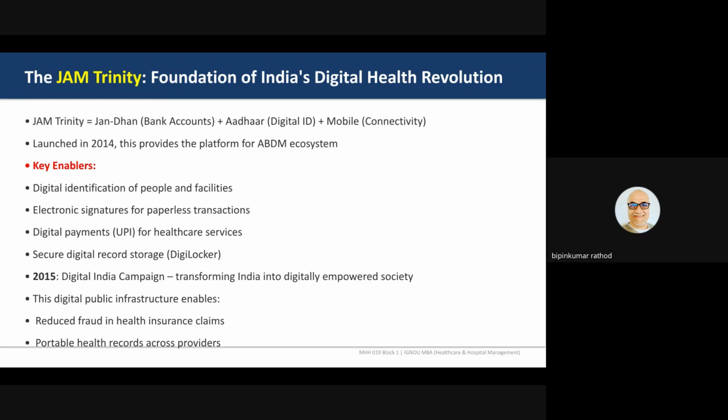First of all, what we needed, we achieved in 2015: digital public infrastructure, which is of utmost importance for any digital health system to work for the country, for the people, for the society, and for the patient. So now we have a full-fledged digital public infrastructure called the JAM Trinity.